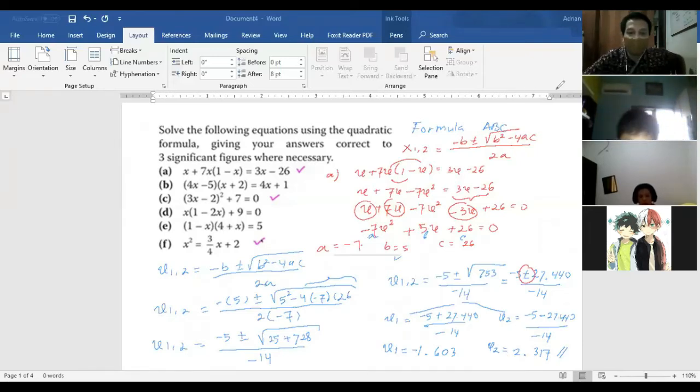That's the meaning of the ABC formula. When you use the ABC formula, it means you have to insert the constants a, b, c into the formula like that, and for the final answer, use your calculator to finalize the answer. Is it clear, everyone?